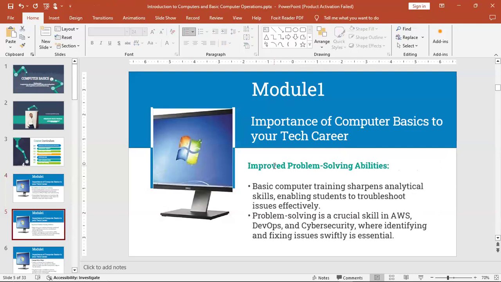Okay, we also have improved problem-solving abilities. Basic computer training sharpens analytical skills, enabling students to troubleshoot issues effectively. So as we said, when I was going through the rundown of our curriculum, we said we're going to look at troubleshooting.